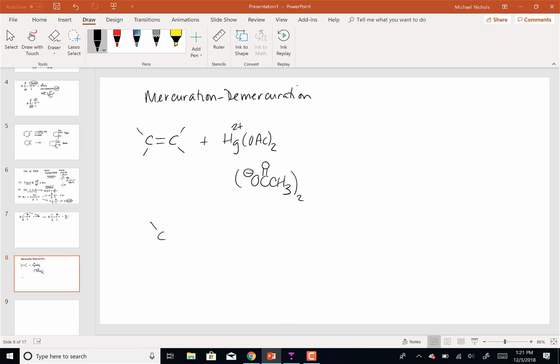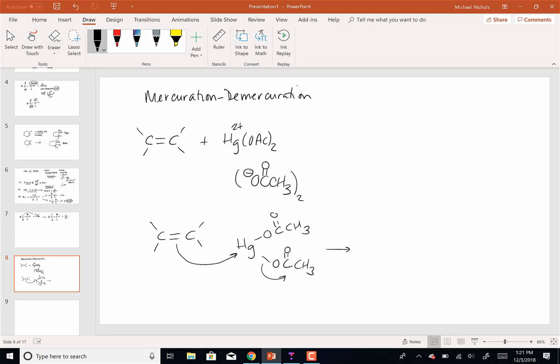So if I'm taking my double bond and I have my mercury acetate, so I've got my mercury attached to two acetate ions, or having two acetate ions as the counter ions for the mercury 2+. I'm going to take this pair of electrons, give it to the mercury, and kick off an acetate.